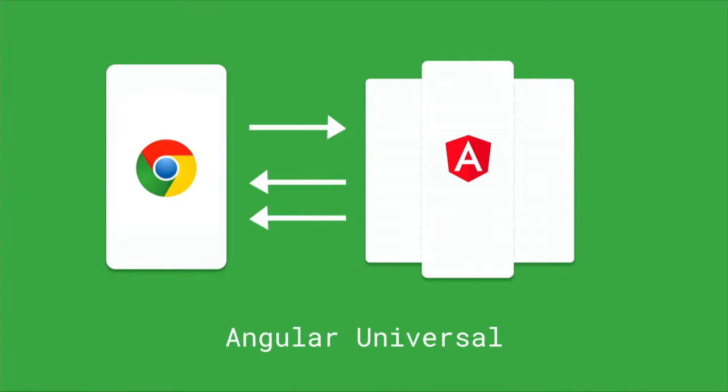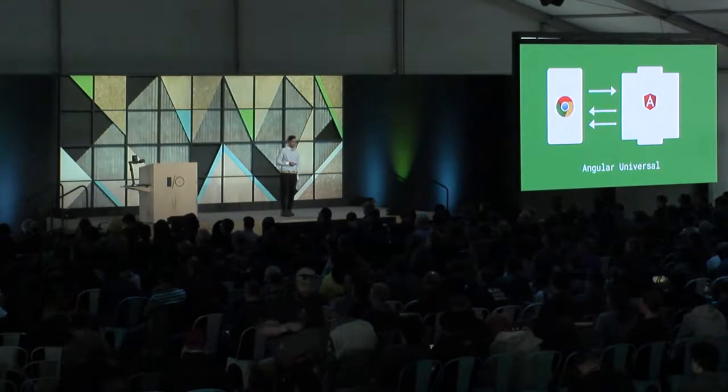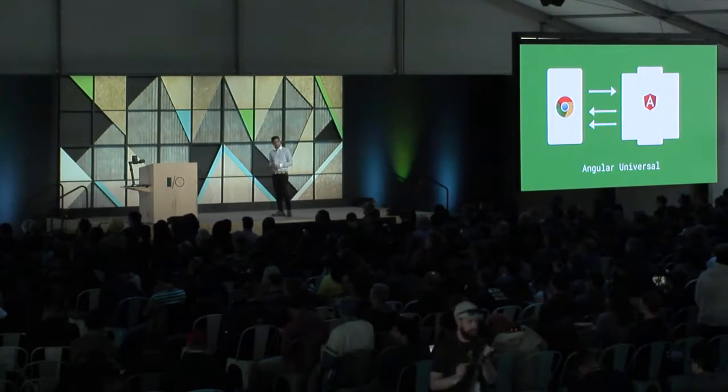Now, we also wanted to take a look at what server-side rendering would look like for these applications, because we can still squeeze out a little bit more performance here. So getting your users a first view really, really fast is kind of critical these days. And Angular Universal basically helps you achieve this with pre-rendering on the server.